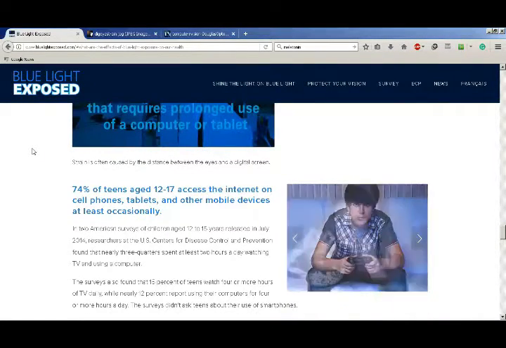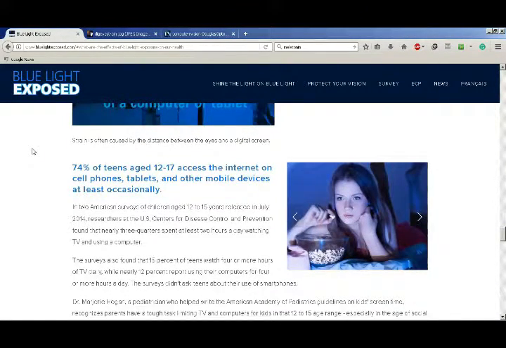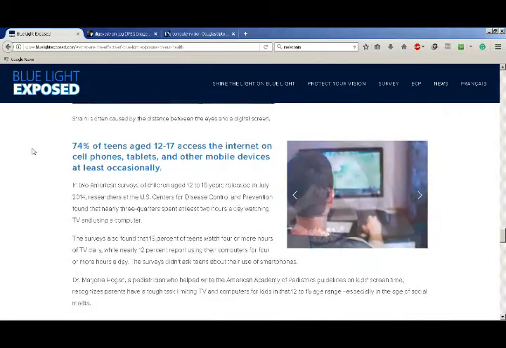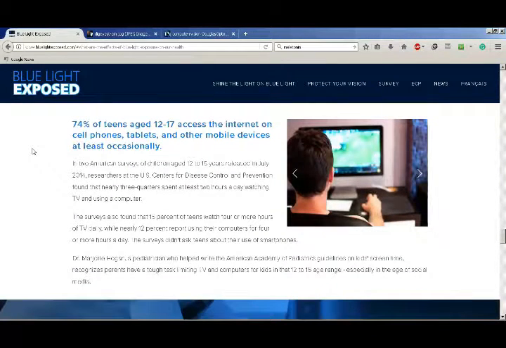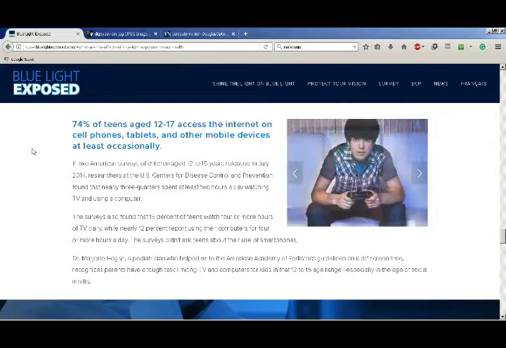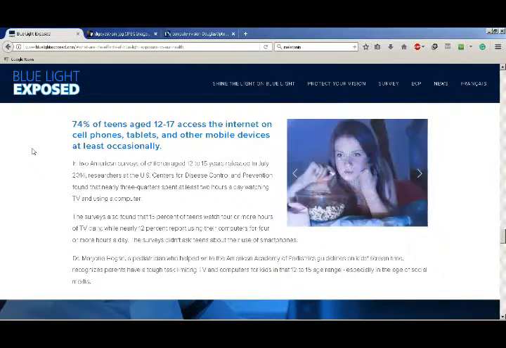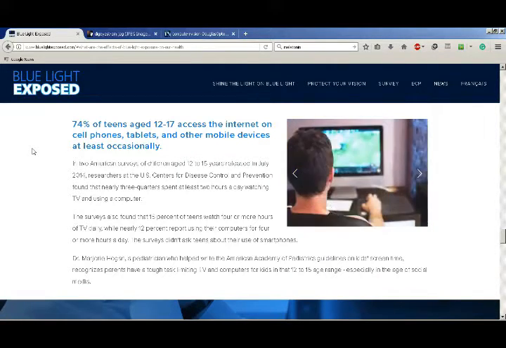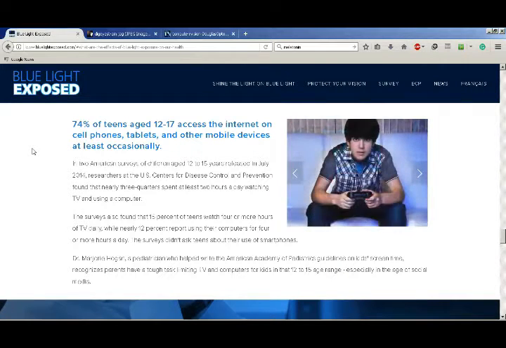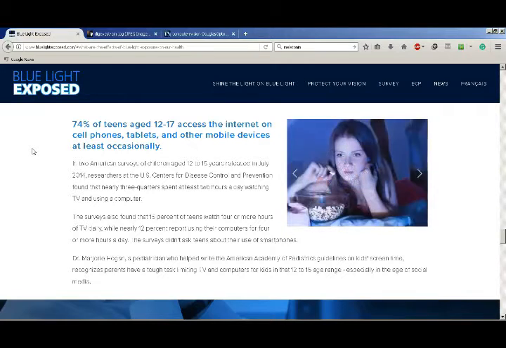Strain is often caused by the distance between the eyes and the digital screen. Okay, it says 74% of teens aged 12 to 17 access the internet on cell phones, tablets, and other mobile devices at least occasionally. So the younger generation obviously is at extreme risk.